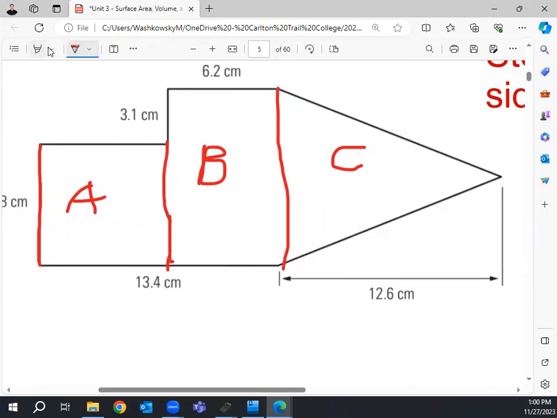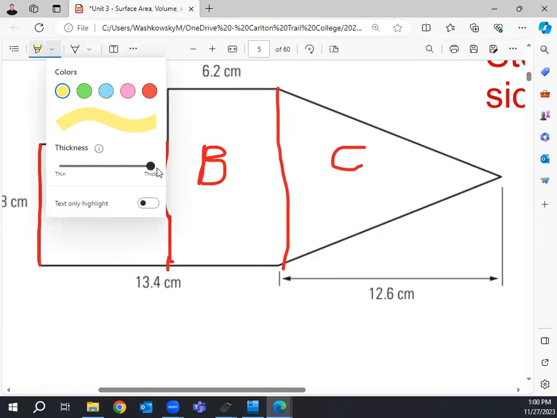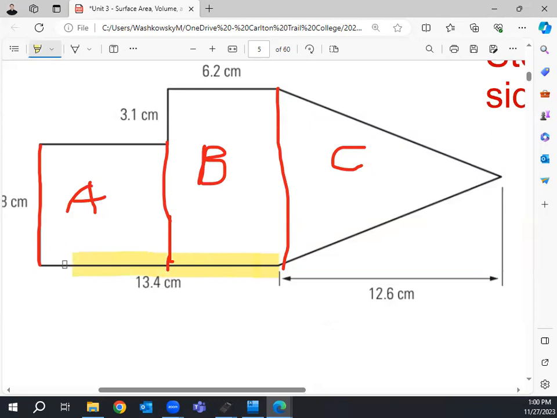I'm going to use a highlighter for this, to make it easier. I know the length of this line here, right? It's 13.4. I know the length of this line here. It's 6.2. Can't I just take 13.4 and take away this little part here, and then I'm just left with only that?